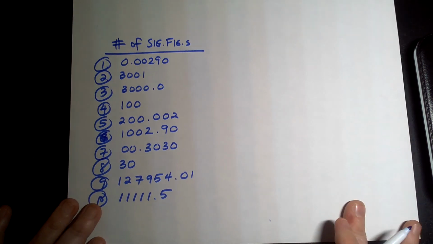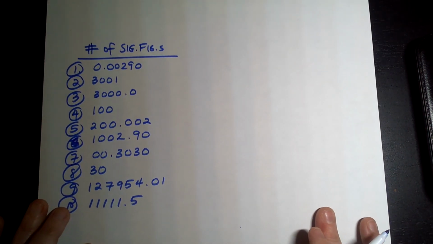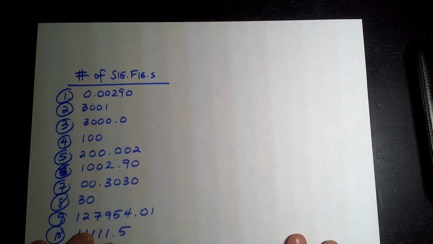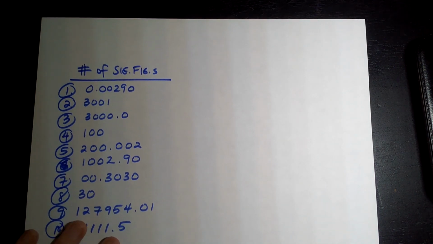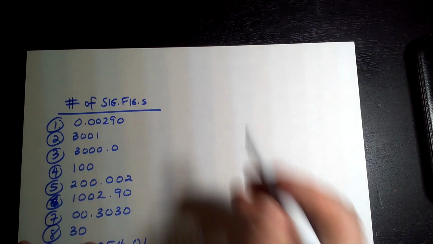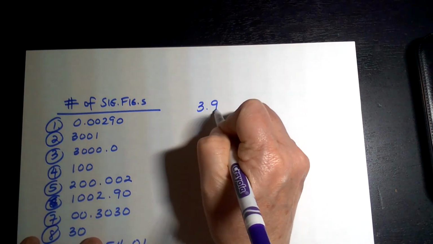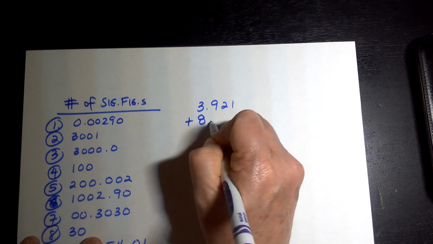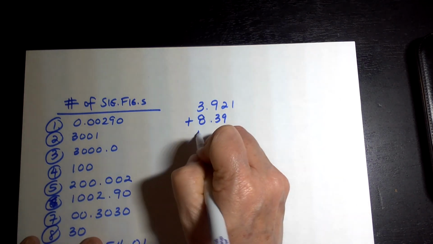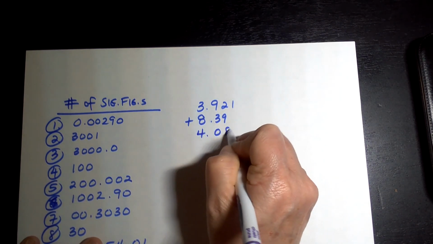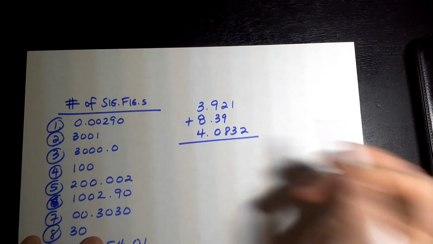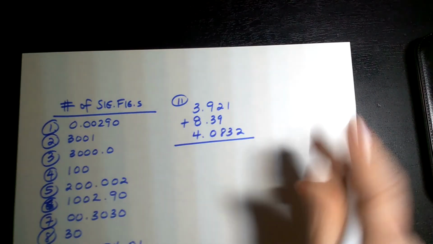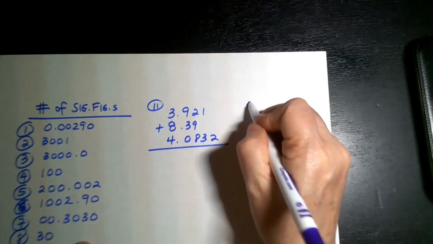Okay, so I want you to write those down and then tell me the number of significant figures. And then I'm going to have you add, subtract, multiply, and divide, and you give me the answer with the correct number of significant figures. Okay, so that's going to be number 11. Number 12.